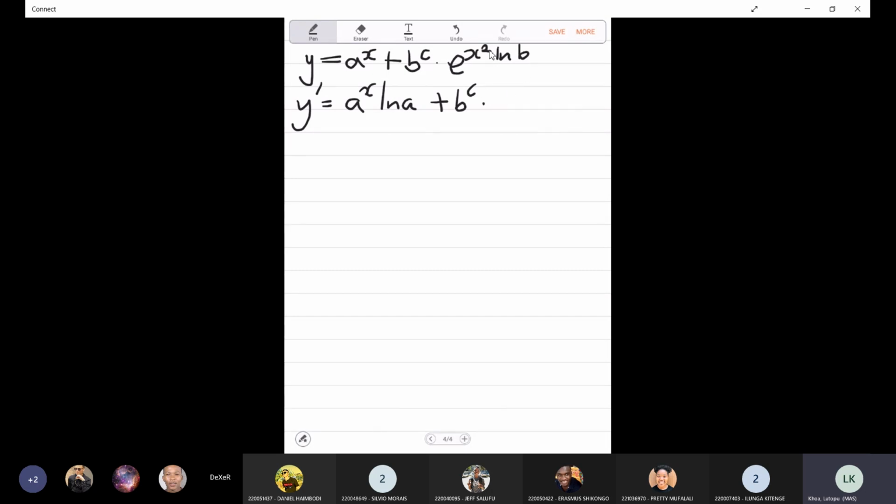The derivative of e to the power of something is first e to that power, and then you multiply by the derivative of this. The derivative of your exponent is just 2x ln of b. So multiply by 2x ln of b.